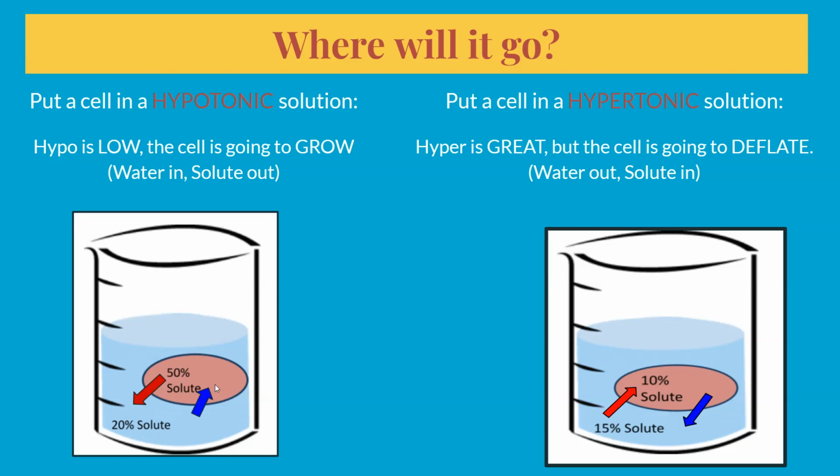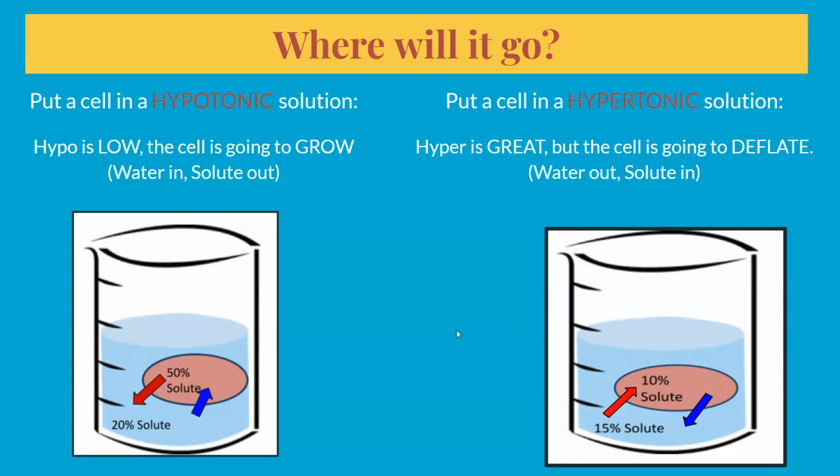So hypo is a lower solution, the cell is going to grow. If, however, you put a cell in a hypertonic solution, so it has more, hyper is great, but the cell's going to deflate. Why? Because the water's going to rush out through osmosis as the solute rushes in through diffusion. And so your cell is going to deflate.